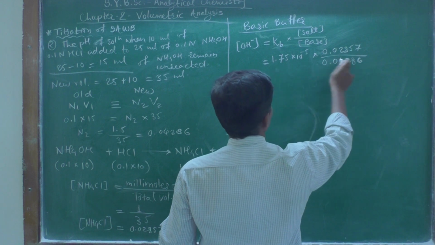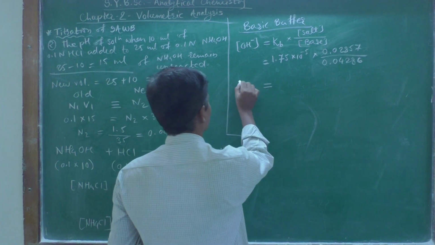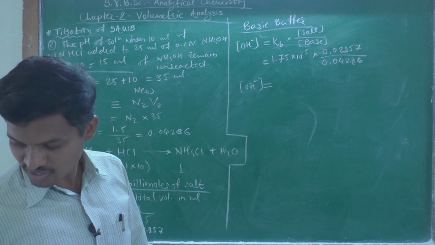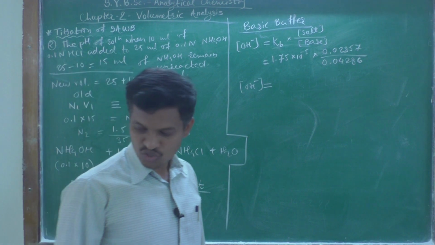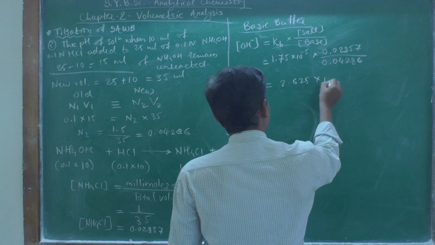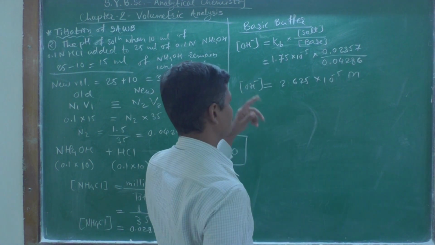So when you solve this sum using a calculator, you will get the concentration of OH minus, and the answer is 2.625 into 10 raised to minus 5 molar. This is the concentration of OH minus.